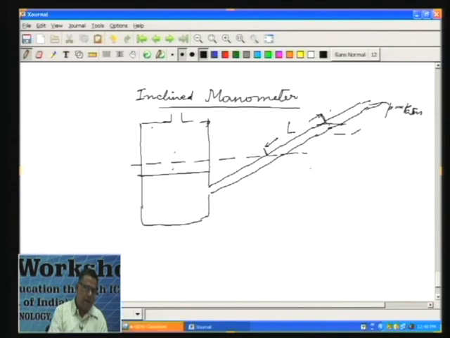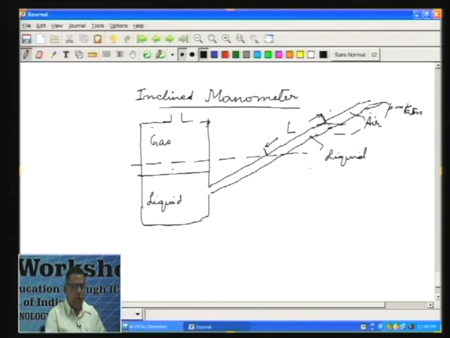This is a gas and this is your liquid, the manometer liquid, this is also liquid, and here you have air, let us say. We want to know what the gas pressure is. In other words, we want to know the pressure at this level.